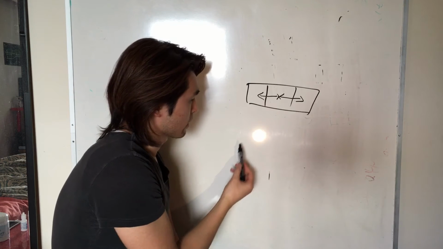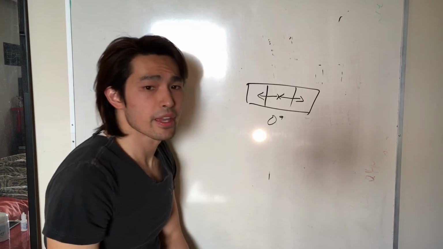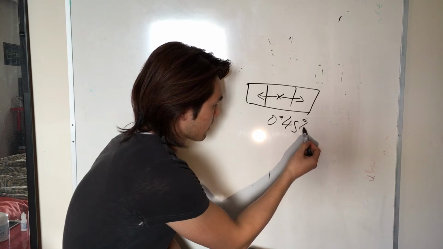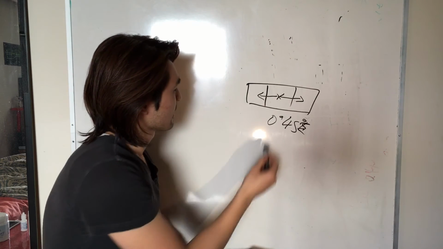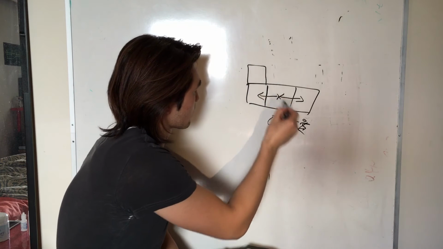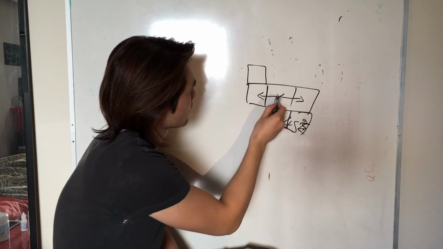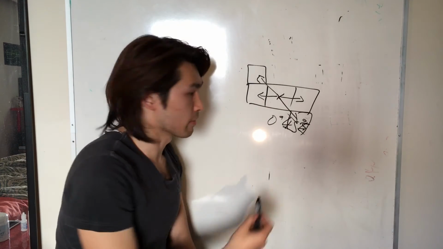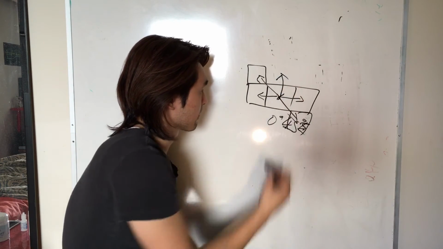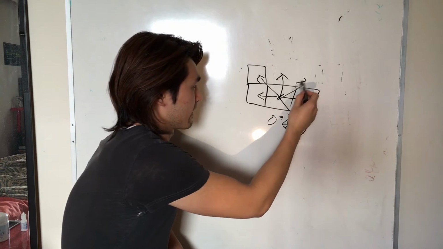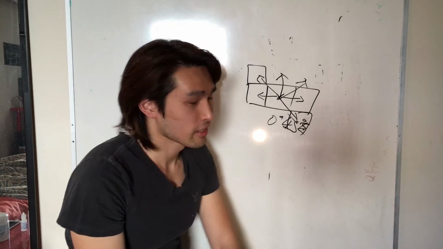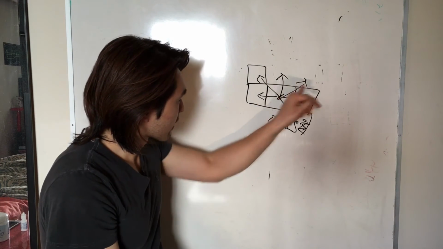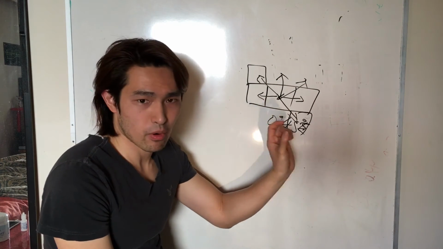This is if the direction is 0 degrees. If the direction is 45 degrees, then you will compare this pixel to this pixel, so you would do a comparison this way. 90 degrees, you will compare it this way. And you get the idea. So that's how we would compare and find where the thickest point is.